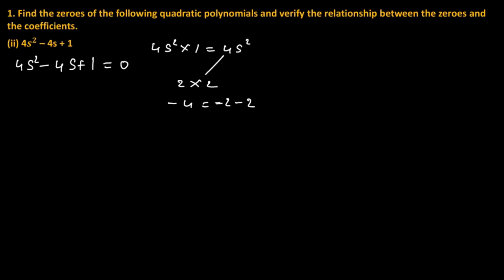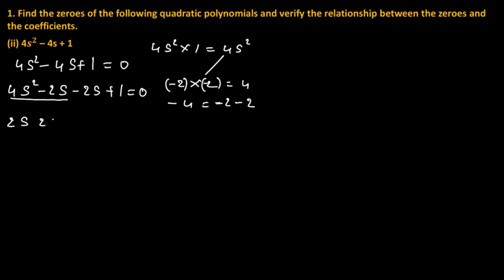Minus 2 and minus 2 will be minus 4, and minus 2 into minus 2 is also equal to plus 4. So 4s square minus 2s minus 2s plus 1 is equal to 0. Let us take 2s common. The remaining will be 2s minus 1.